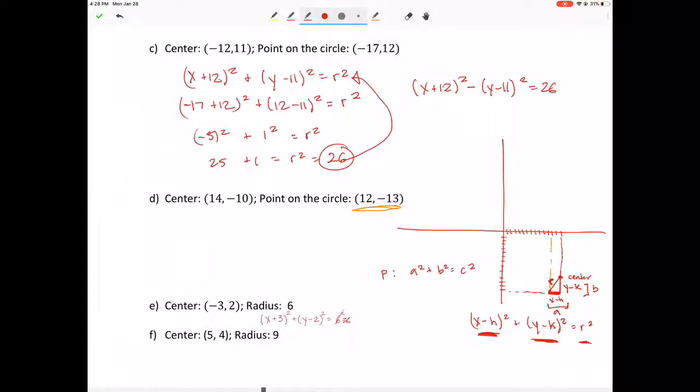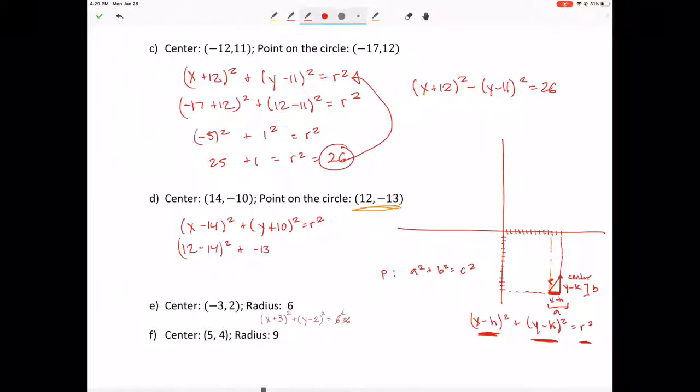All right, so to do this problem we would do the same thing we've done before. X minus 14 squared plus y minus a negative 10, which gives us a positive 10, squared equals the radius squared. Plug these in, and then we simplify.